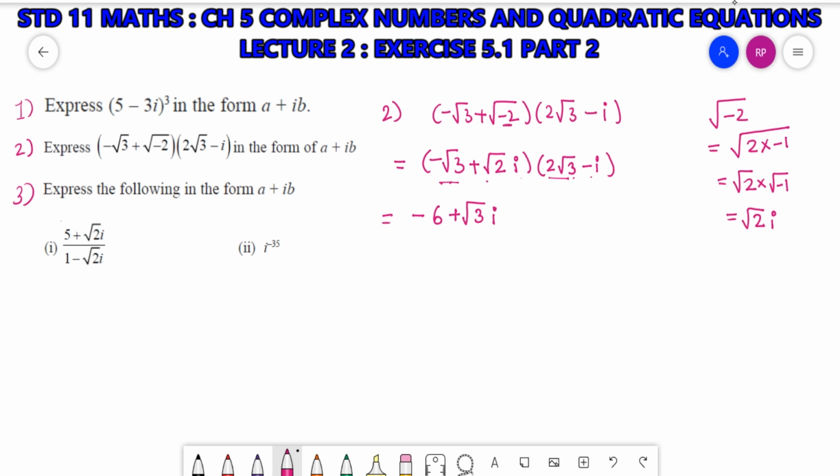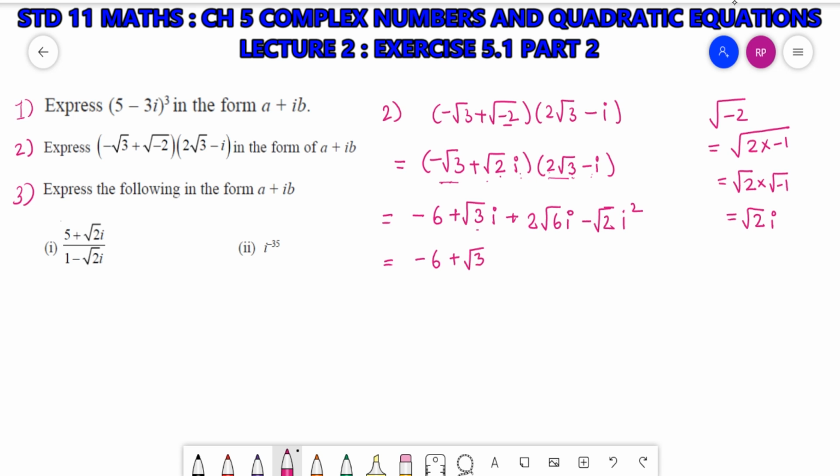Now plus root 2i into 2 root 3, so this will be equal to 2 root 2 into root 3, root 6 i. Okay, root 2i into minus i, so minus root 2 i into i square. This will be equal to minus 6 plus root 3.